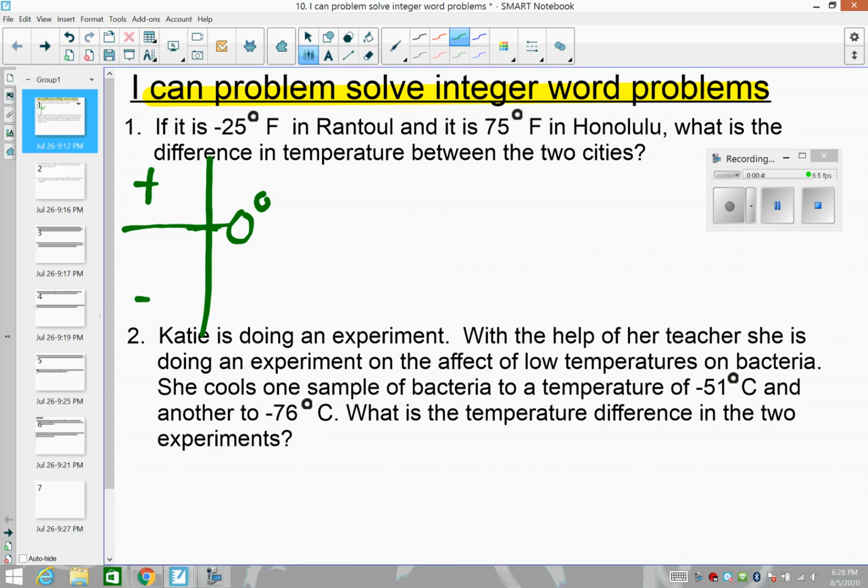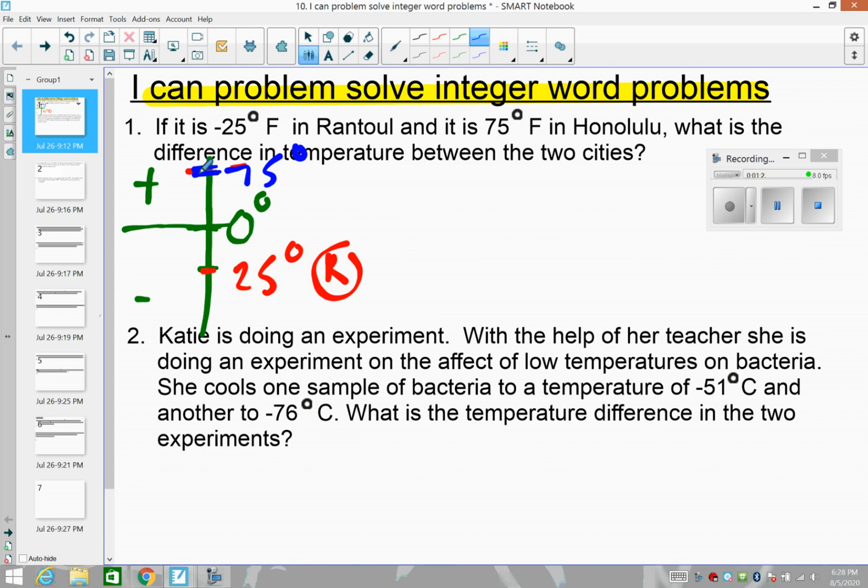So it says if it is negative 25 degrees in Rantoul, I'm not quite sure how to pronounce that, I apologize if I mispronounced it, and it's 75 degrees in Honolulu. The question is asking what is the difference in temperature between the two cities?